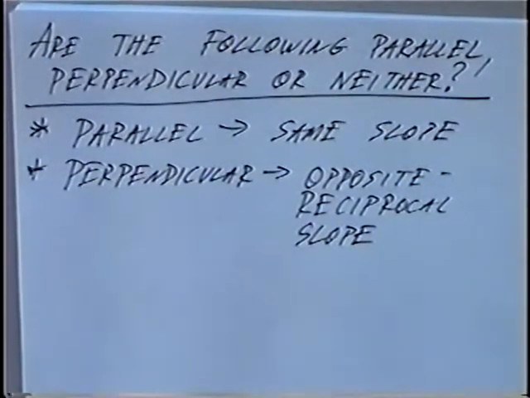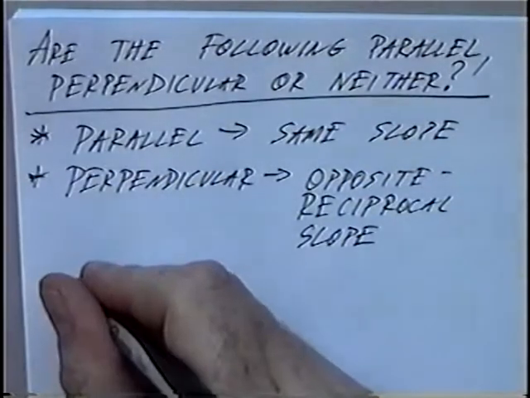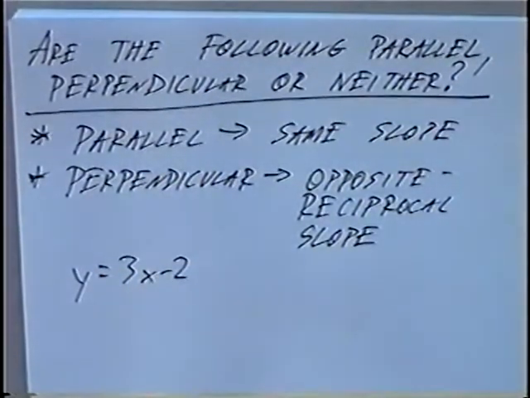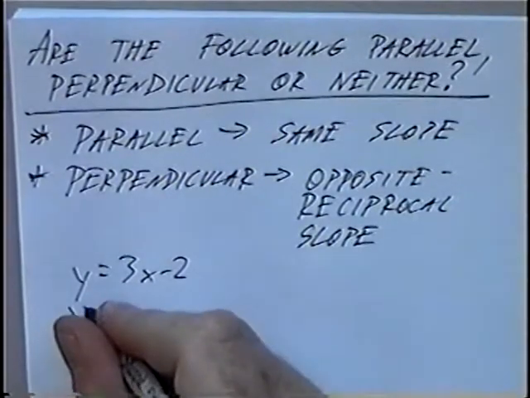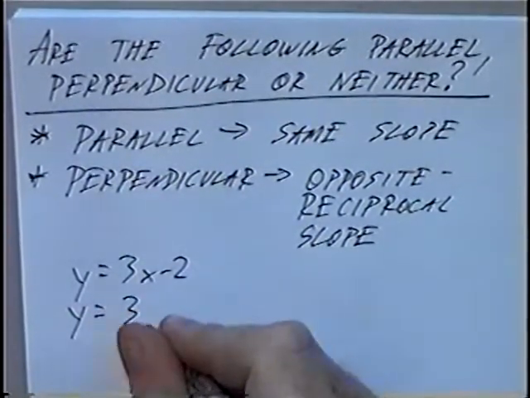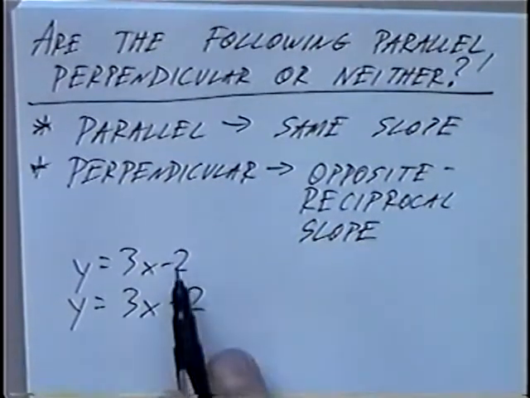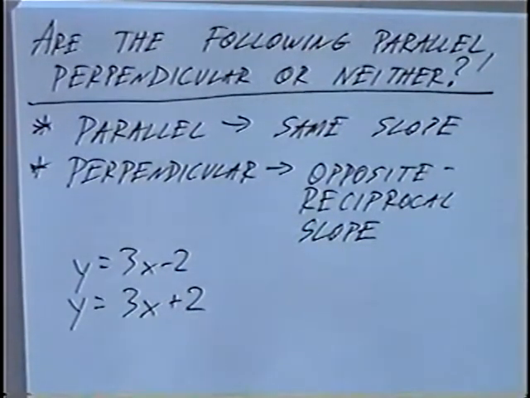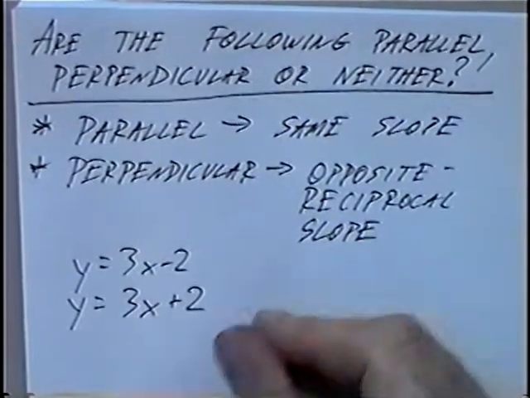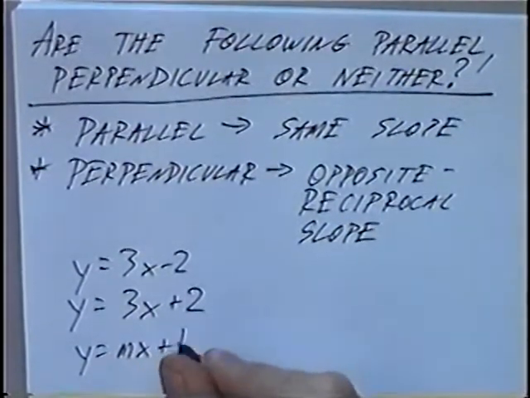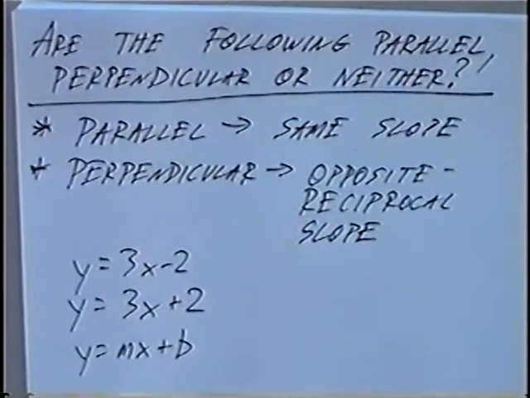First question we'll look at is y equals 3x minus 2. And the second equation for the same problem, y equals 3x plus 2. Looking at these two equations, we can figure out if they're parallel, perpendicular, or neither. If you remember from Algebra 1, y equals mx plus b is the equation for slope-intercept form.